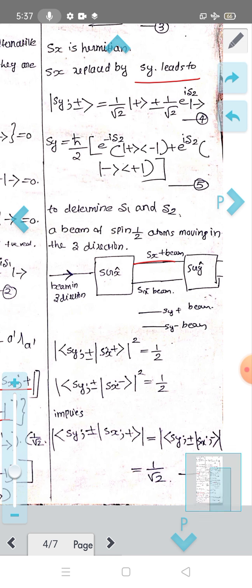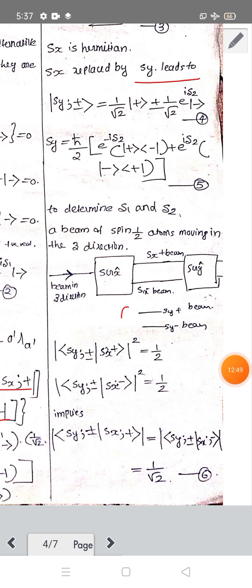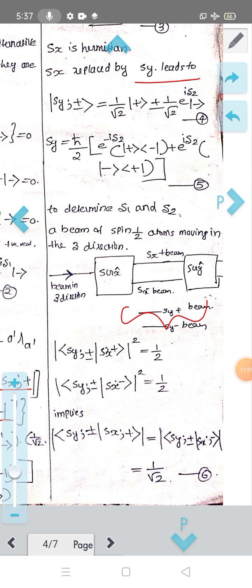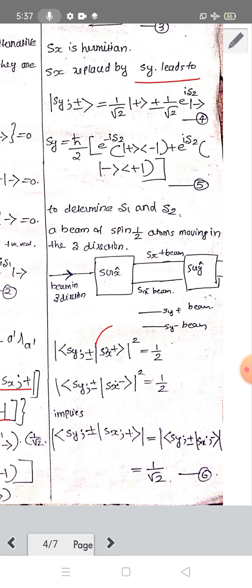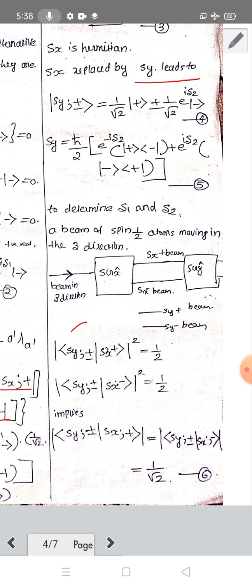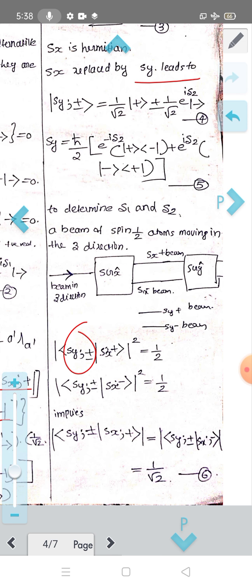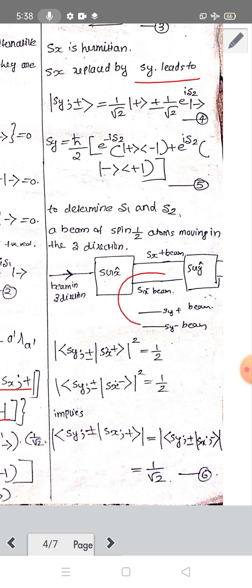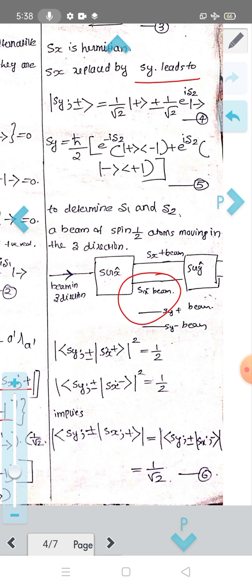So we are considering this process. The probability for the Sx plus beam to go into Sy plus or Sy minus is half. Similarly, the Sx minus beam going into Sy plus or Sy minus is also half.